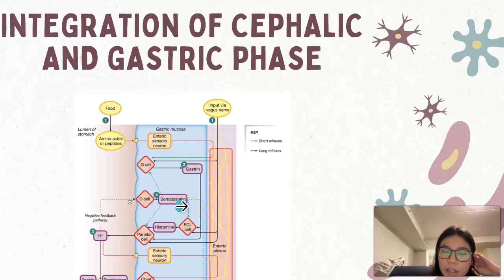And somatostatin goes on and informs the G cell to stop releasing gastrin, and informs the ECL cell to stop releasing histamine, and inhibits the production of more hydrogen ions, since all the fats and proteins have been broken down.